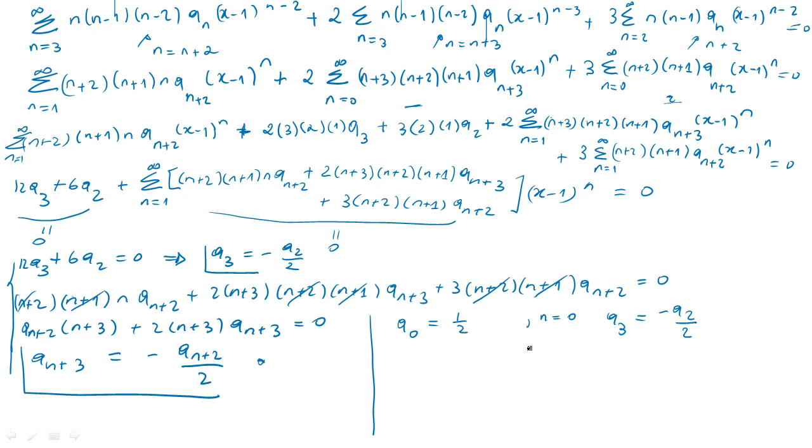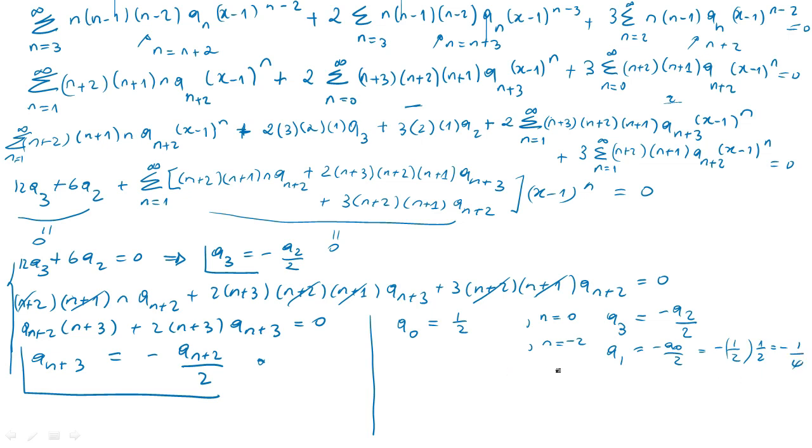If n is negative 2, for example, that's going to help us compute a1, and that will be negative a0 over 2, negative half over 2, that's negative 1 over 4.